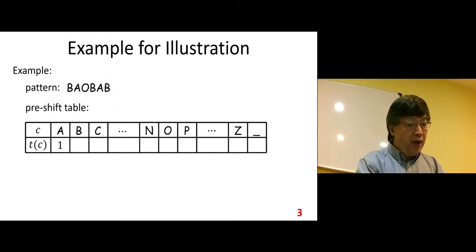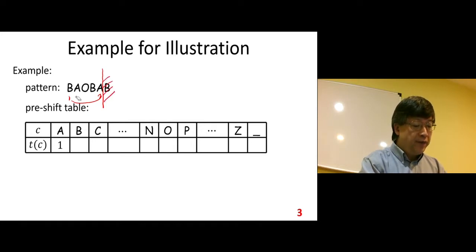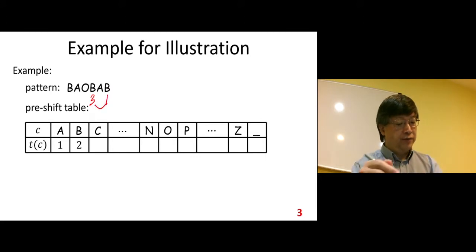For B, remember, we look for the rightmost occurrence from the first one through the last N minus 1, not counting the last character. So the rightmost occurrence is this one, which has position number 3, and the first character has position number 1. The difference is 2.